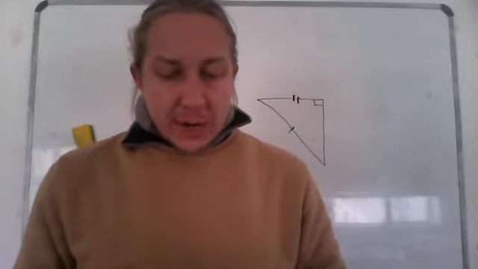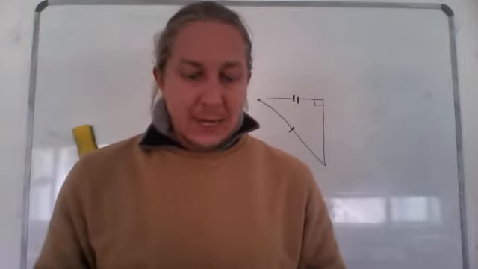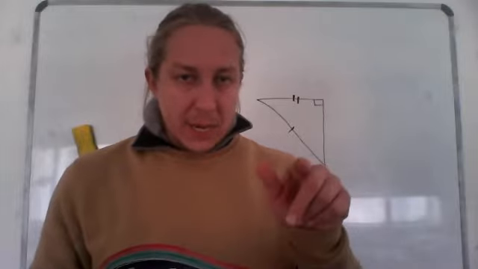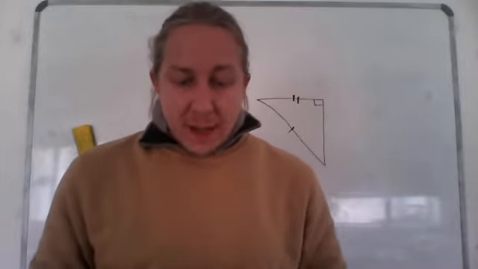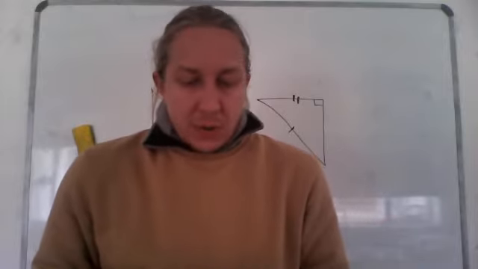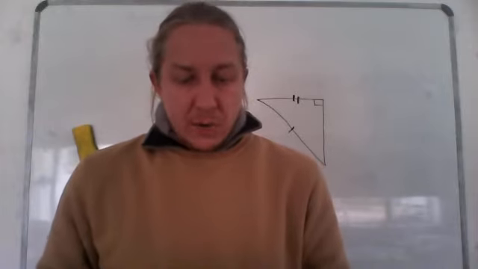If we look at triangle ABC, what is given there? They've given us the 3 sides. We have AB, AC, and BC, and the markings indicate the same sides. So now we need to find another triangle that matches those 3 sides. Remember, if the 3 sides match up, then those triangles are congruent.